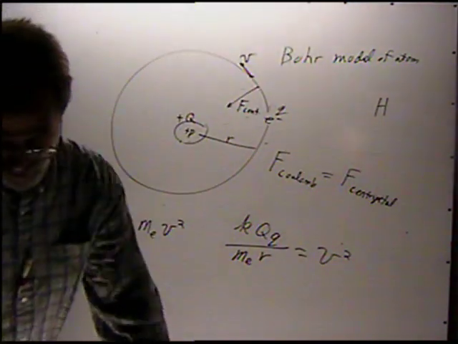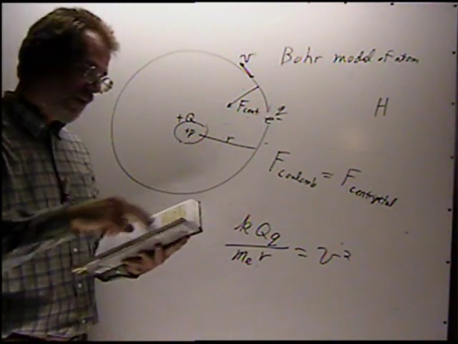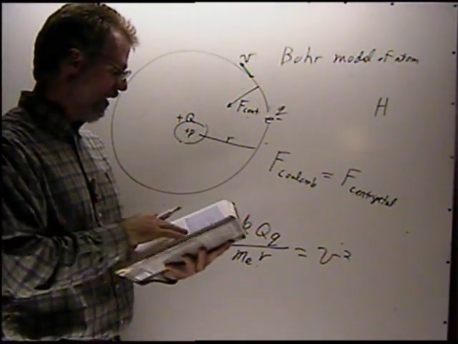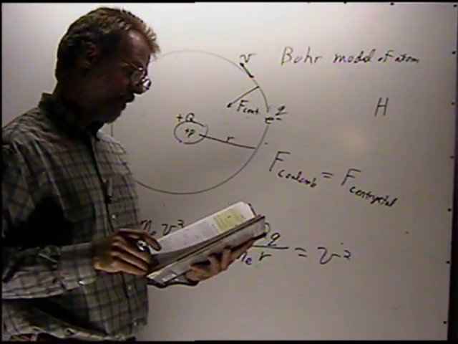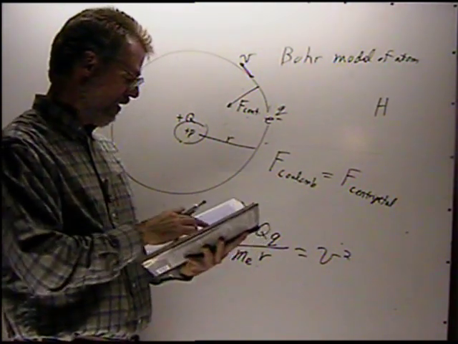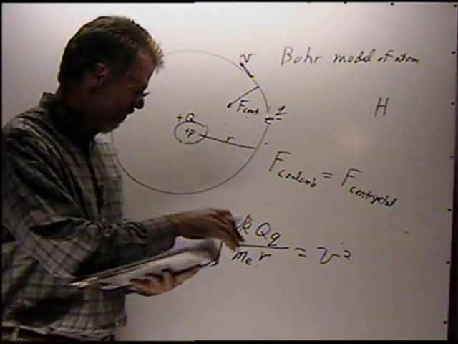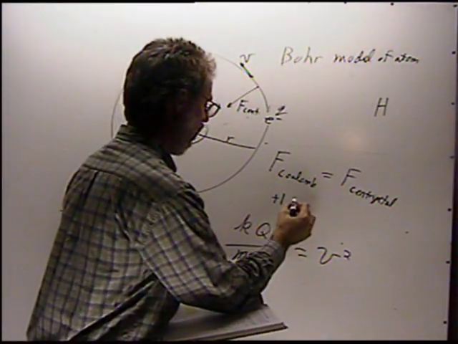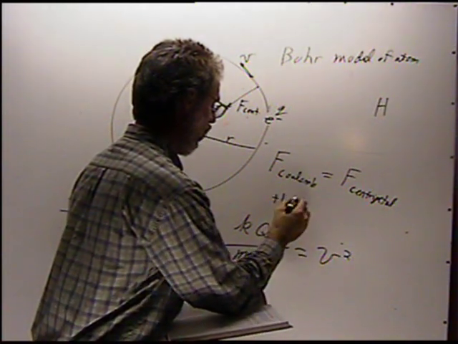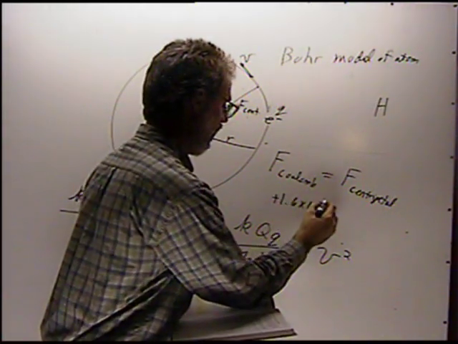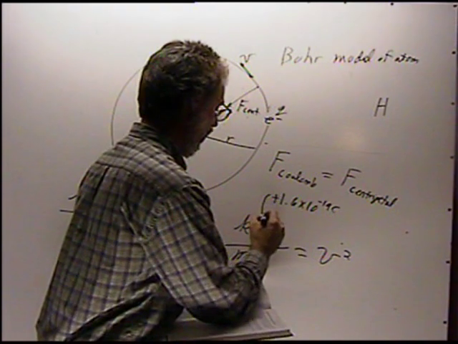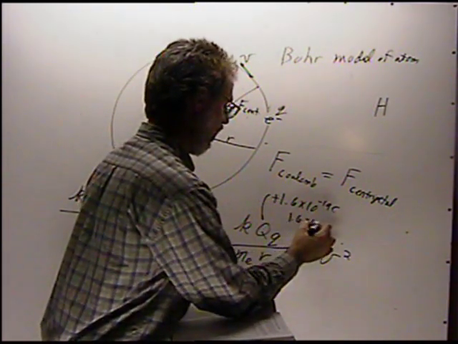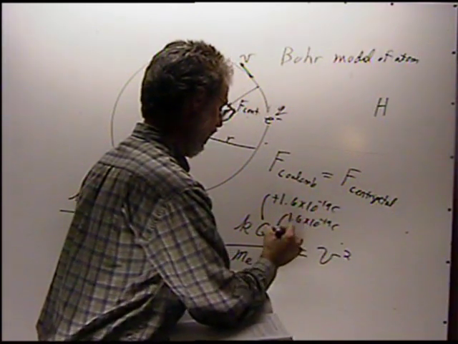You can look at the example, I'm not going to do this, but they take that example and plug in for the hydrogen atom: 1.6 times 10 to the minus 19 coulombs for the proton, and 1.6 times 10 to the minus 19 coulombs for the electron.